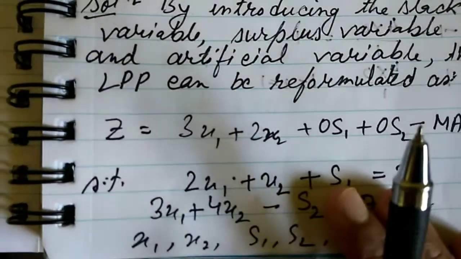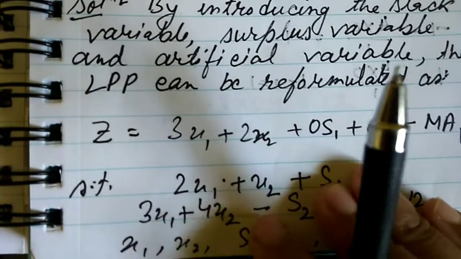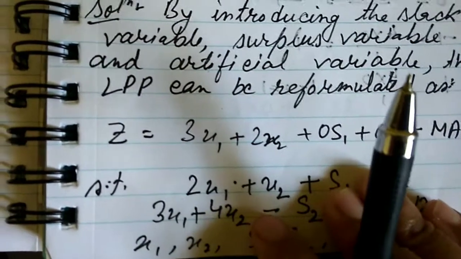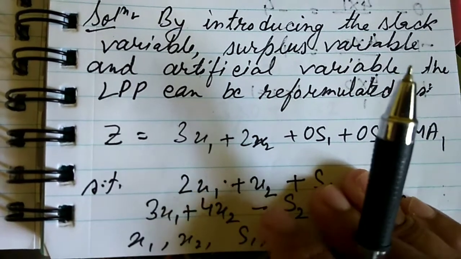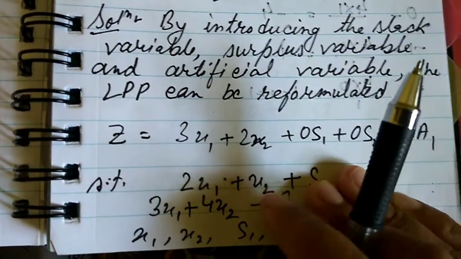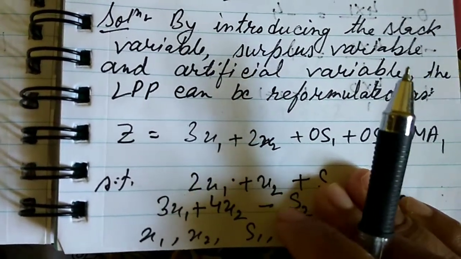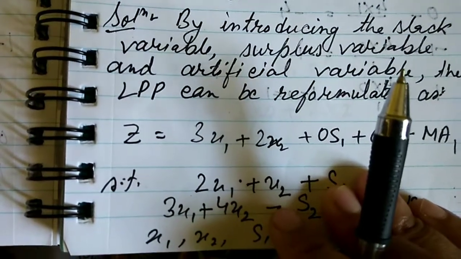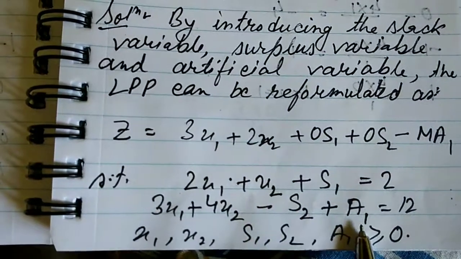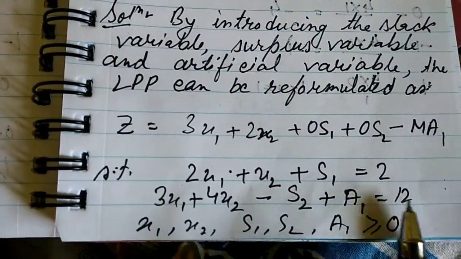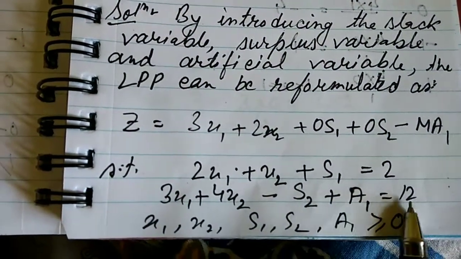Now we know up to this point. See, here is a minus sign. Since the concept of identity matrix formulation is there, there cannot be a minus sign in the slack and surplus variable coefficient. So we have to bring a positive variable also. What do we do for this? We write plus a1, and then we equalize this by putting the equals to sign and writing 12.